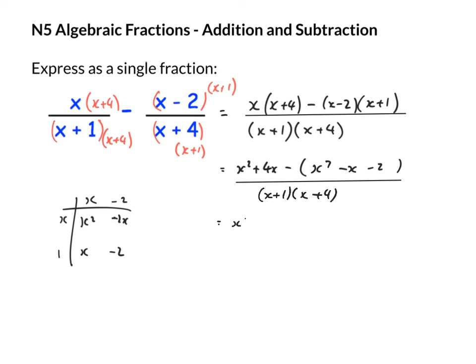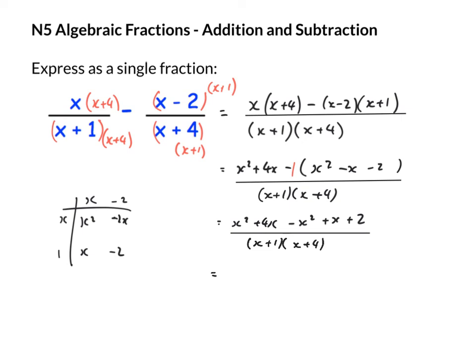That is going to give me x squared plus 4x. Now remember, this minus in front of a bracket really means I'm multiplying by negative 1. So I've got minus x squared, positive x, positive 2. And all of that is over x plus 1, x plus 4.